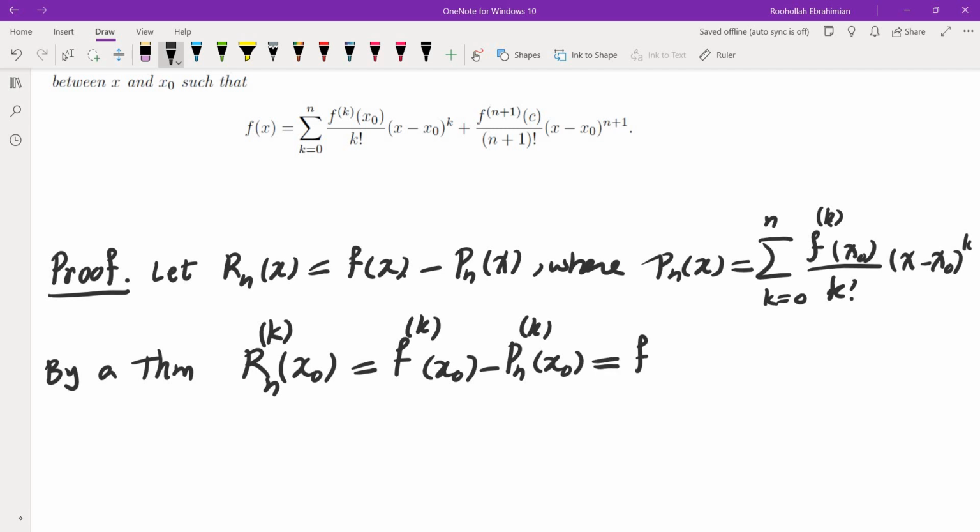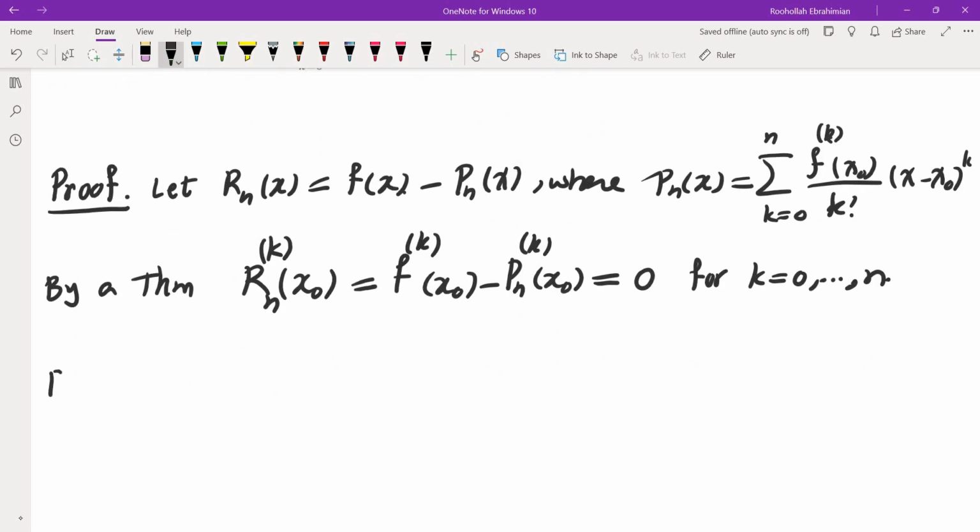Now, f^(k) of x naught and Pn^(k) of x naught are the same, so this is 0 for k from 0 to n. And this is where I'm using the theorem. The theorem was that f of x and Pn of x have contact of order at least n. So Rn^(k) of x naught is 0.